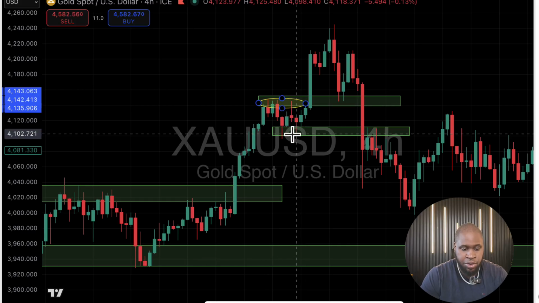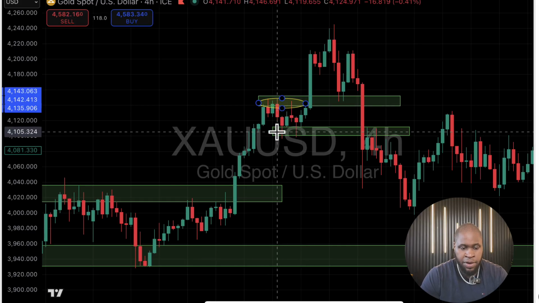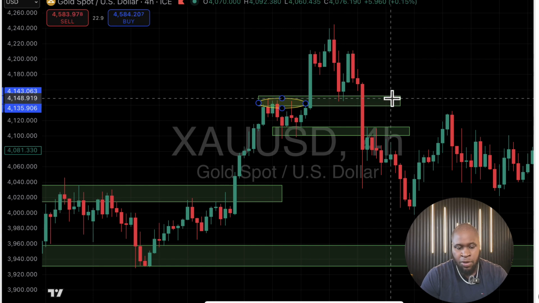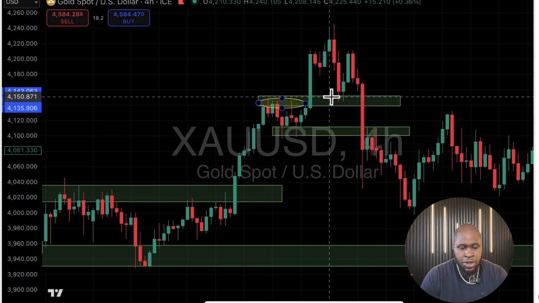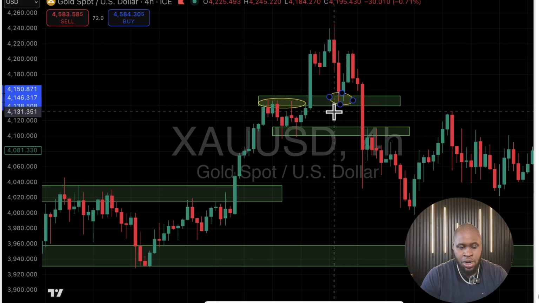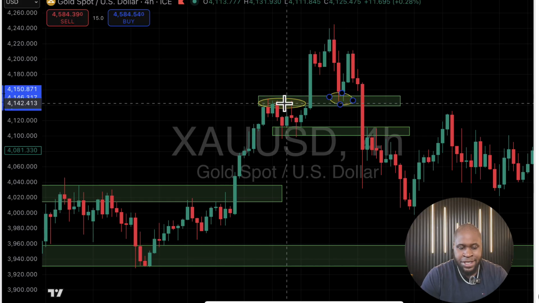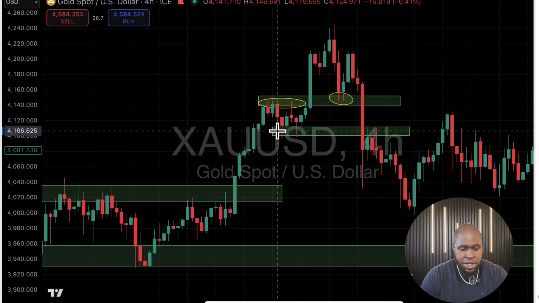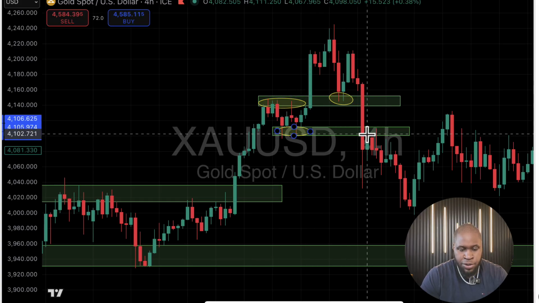It came down and struggled to continue going down over here. That becomes significant, and I drag the area across because you see how it eventually becomes future support. Once resistance, future support. And same thing vice versa. Once support over here, future resistance over here.